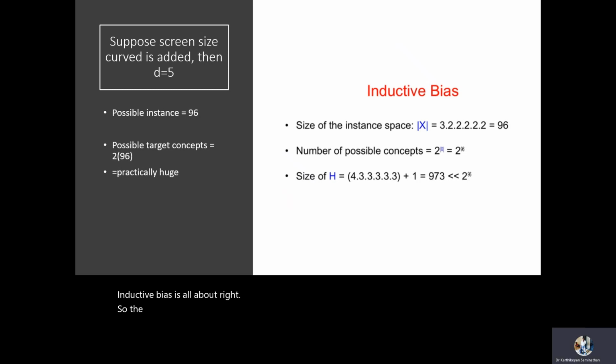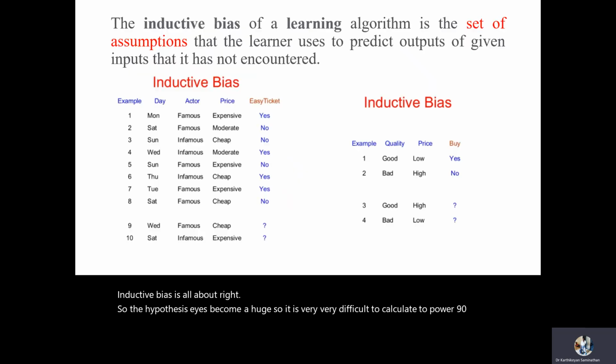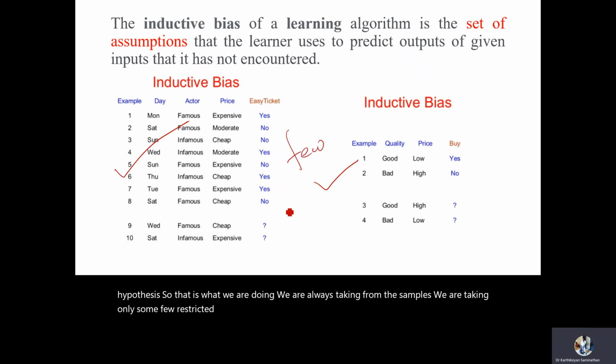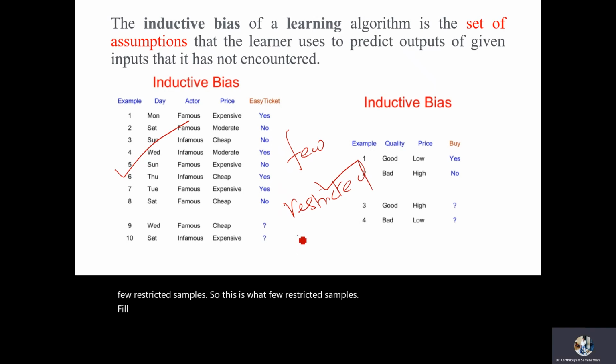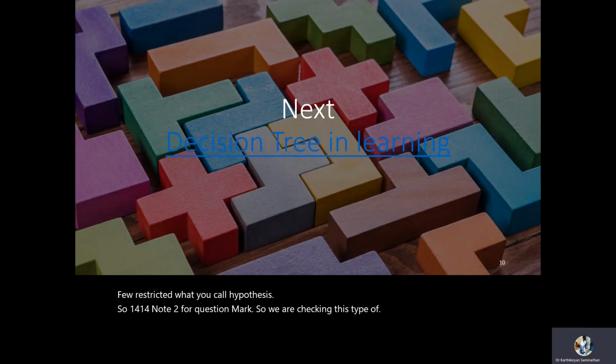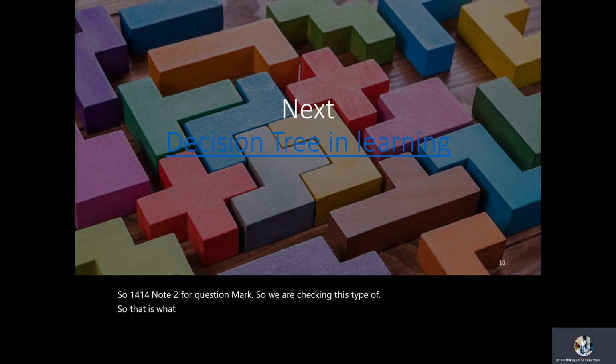The hypothesis space becomes huge, so it is very difficult to calculate 2 power 96 hypotheses. So we always take only a few restricted samples, a few restricted hypotheses: one for yes, one for no, two for question mark. We check this type of algorithm, and that is what inductive bias is all about.